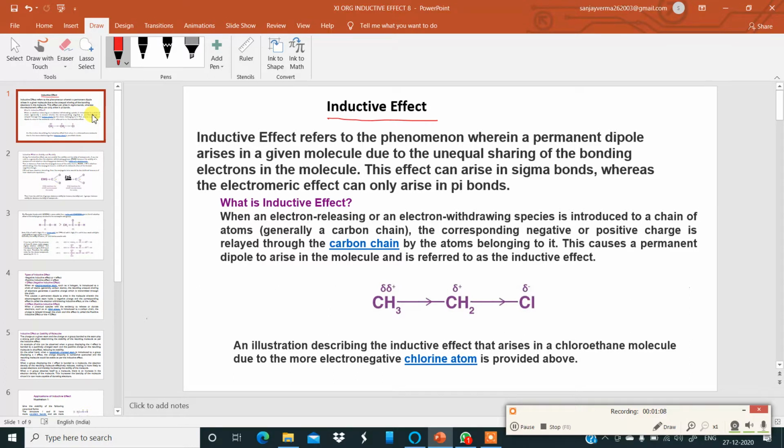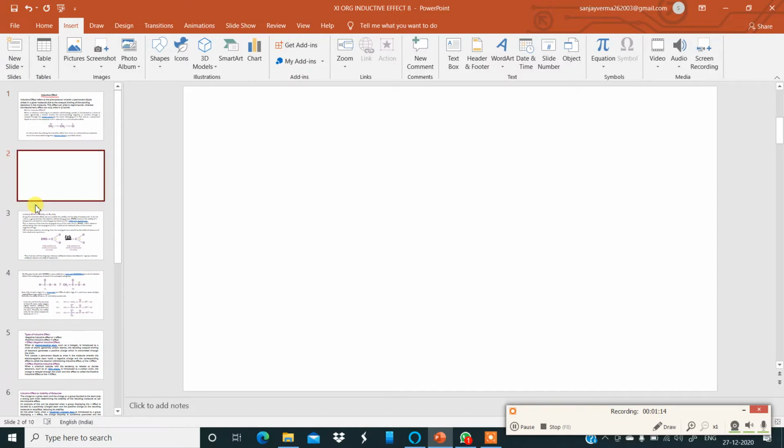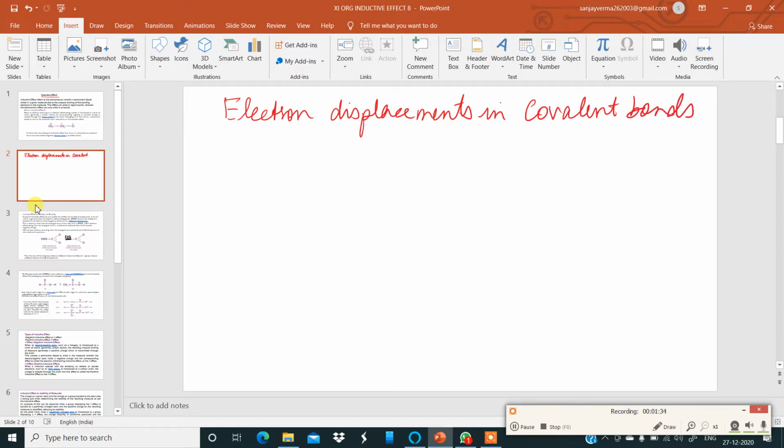Now, my dear students, let me talk about electron displacements in covalent bonds. When I say electron displacement in covalent bonds, what do I mean?